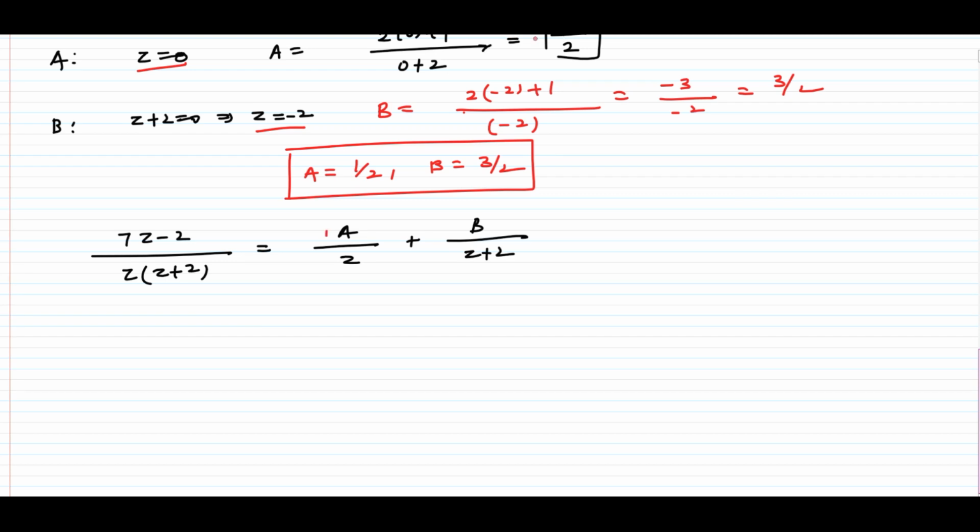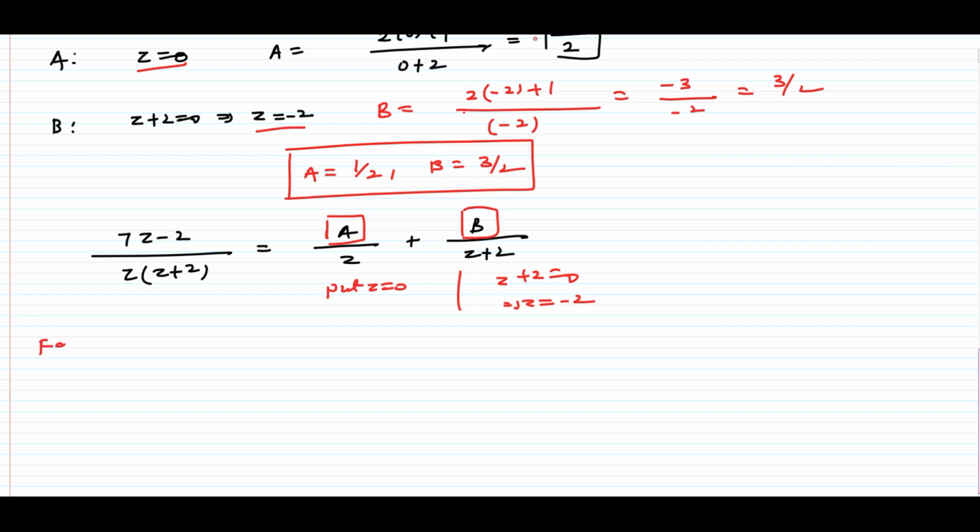For finding the value of A, we need to put z = 0, and for finding the value of B, we need to put z + 2 = 0, so from here we get z = -2.